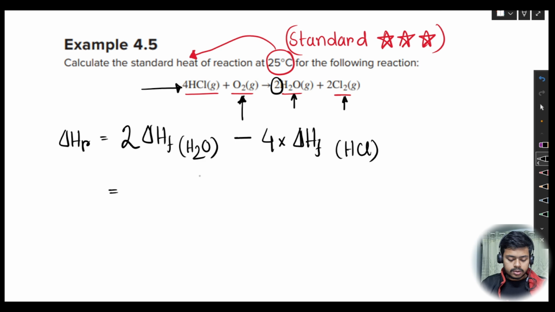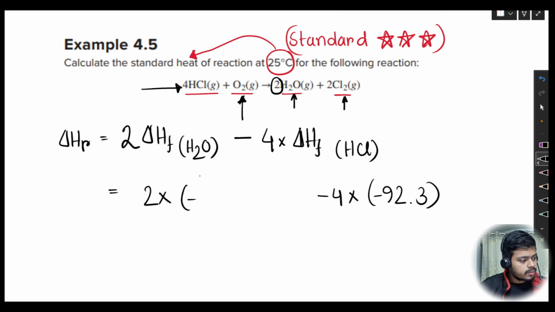So from this book, we can see that the heat of formation for hydrochloric acid is minus 92.3 kilojoules, and the heat of formation for the water molecule is minus 241.818.